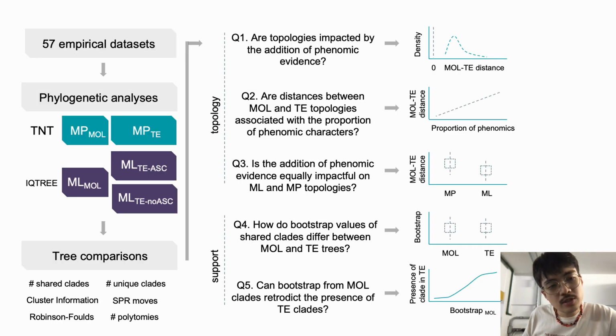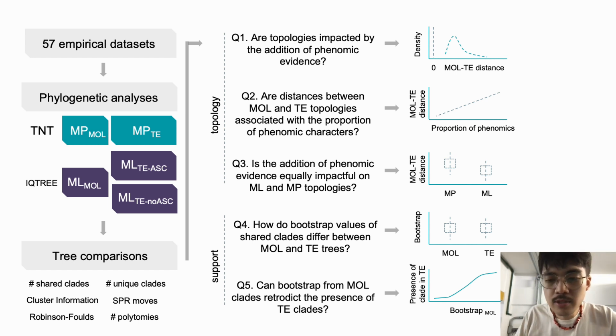So here in this study, using 57 empirical datasets comprising 90 to 500 leaves, 13 to 4,000 phenomic characters, and 500 to 2 million molecular characters, we performed phylogenetic analysis using two optimality criteria: parsimony in TNT and maximum likelihood in IQ-TREE.